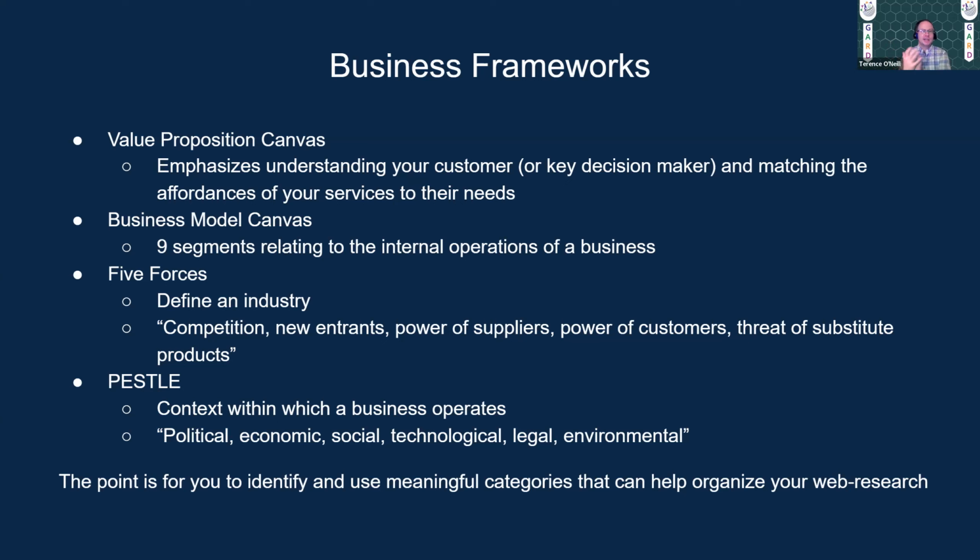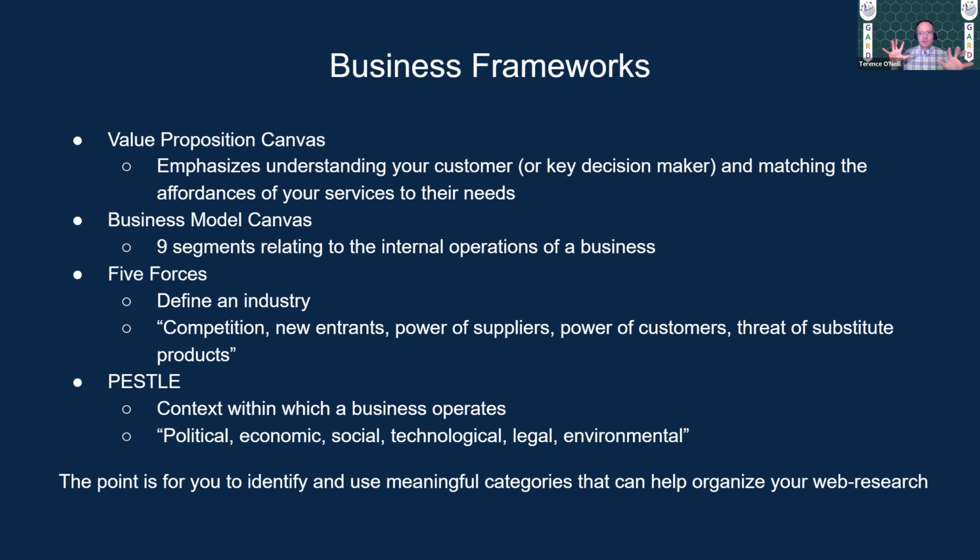And what really defines a competitor is sharing these different aspects, sharing the same competition, what new entrants you might be competing with, who your suppliers are and what their landscape looks like, likewise for customers, and then substitute products as well. So as you're thinking about how an industry works, these are questions you want to start considering. So it's the 5 forces, Porter's 5 forces.